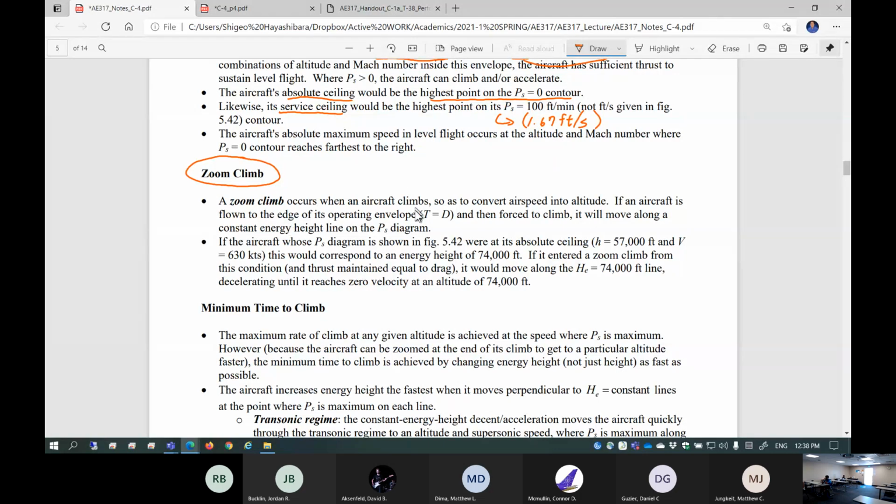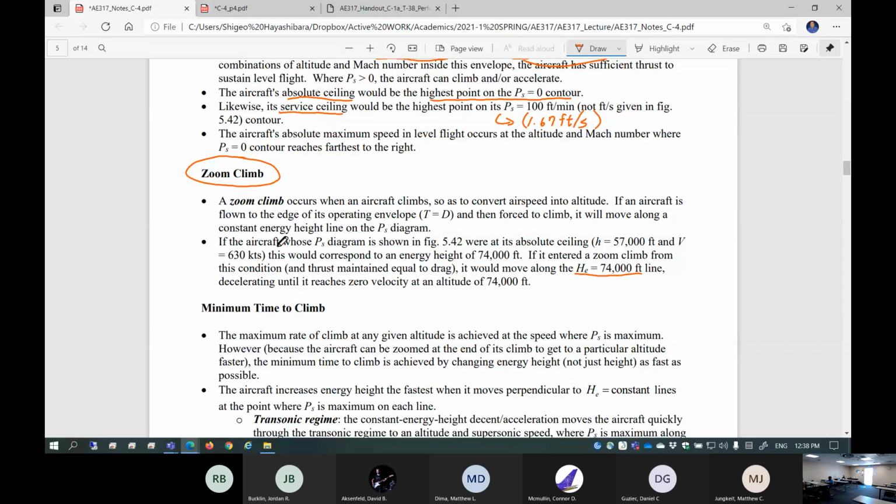So zoom climb is basically where you reach the energy height. Okay. Energy height is kinetic energy and potential energy all combined, how much climb you can have. In other words, you give up kinetic energy entirely, and it is converted to potential energy. That's called energy height. So let's take a look.